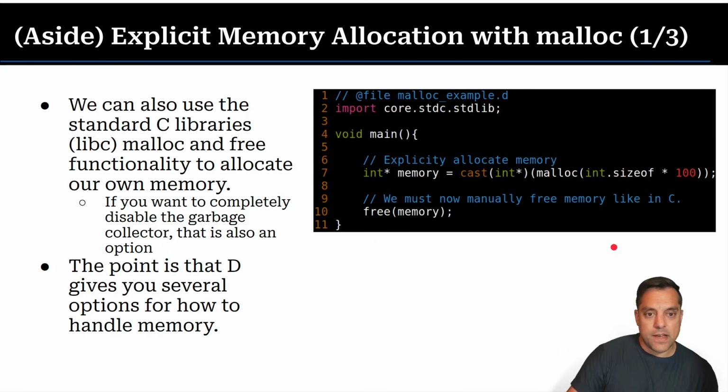Now, in D, I talked about it being garbage collected and memory safe, but you can just use malloc. So most of the C standard library, you can just import from core.stdc, and then whatever the C library name is that you're used to using, stdlib, something like that, you'll probably find, and you can just call malloc. And again, you can see the explicit cast here.